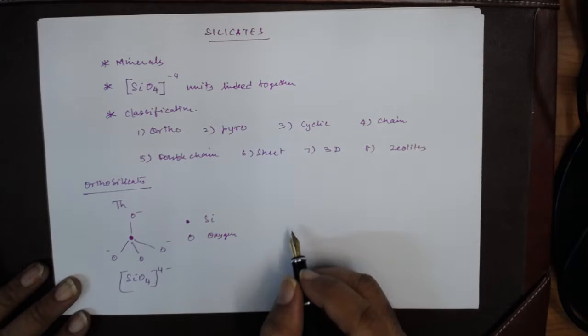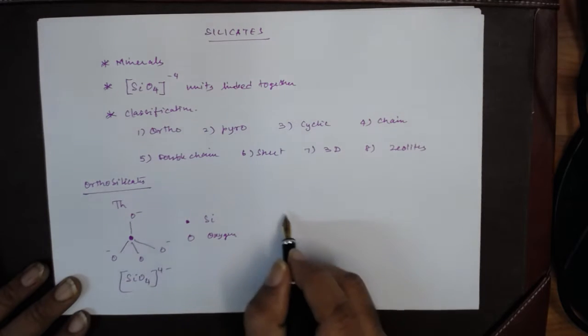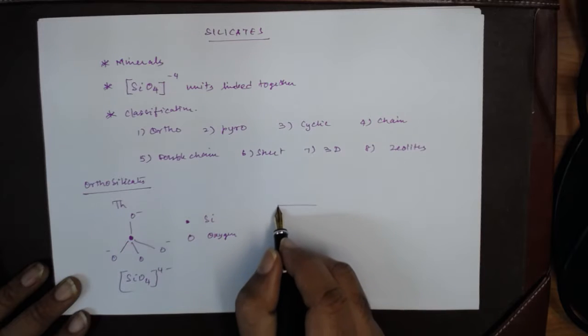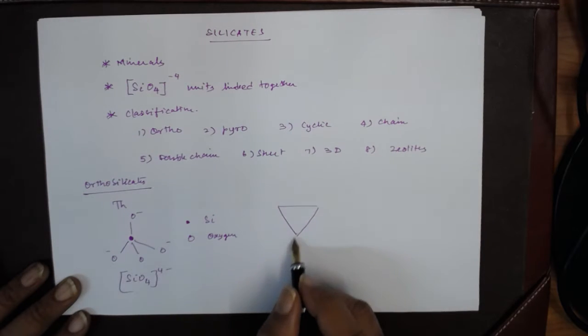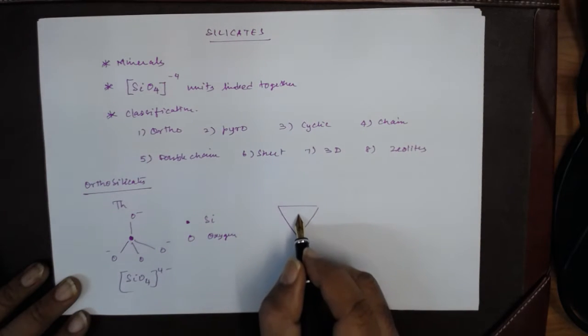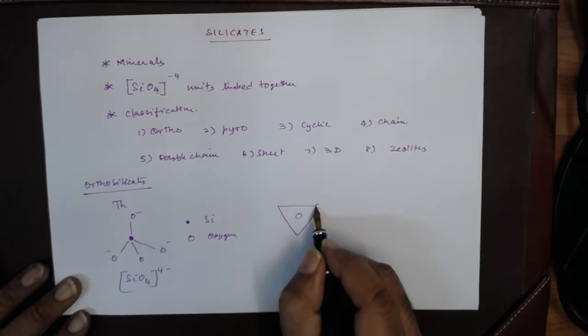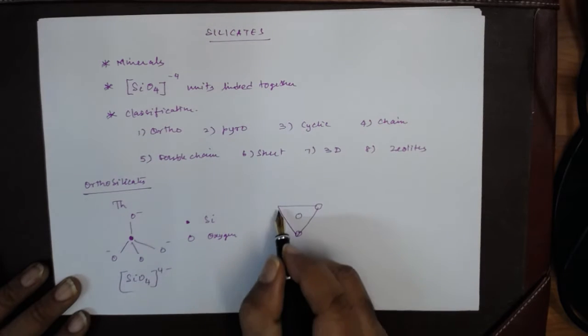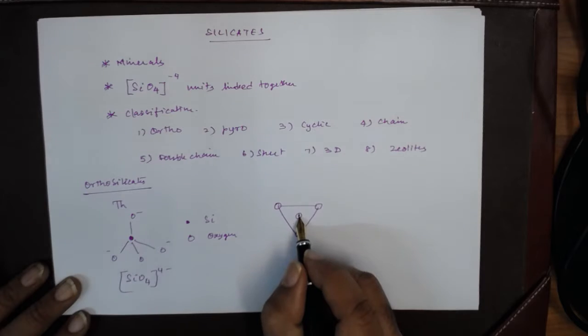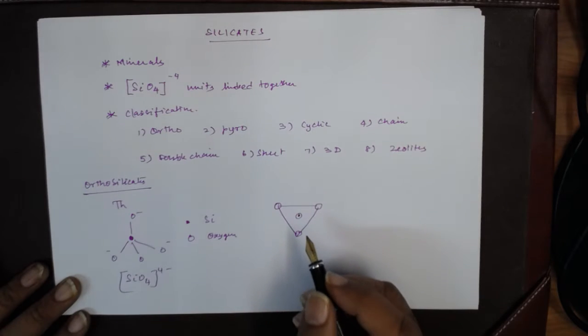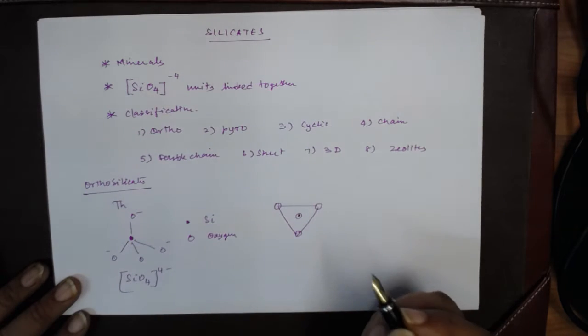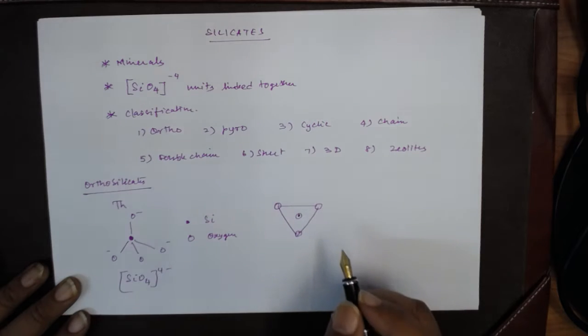And this can be represented as, for example, you can simply put a triangle and at the center you have got silicon. The dot represents silicon, round represents oxygen.